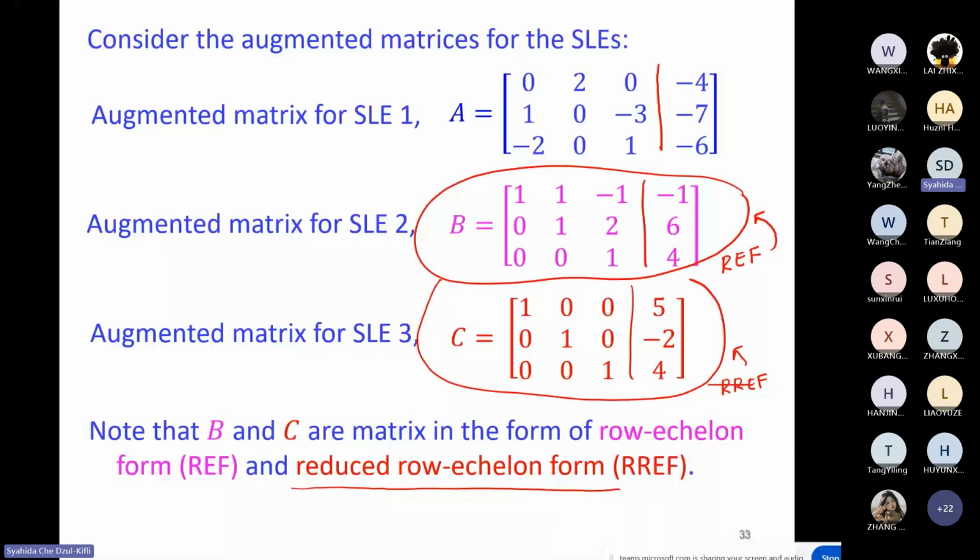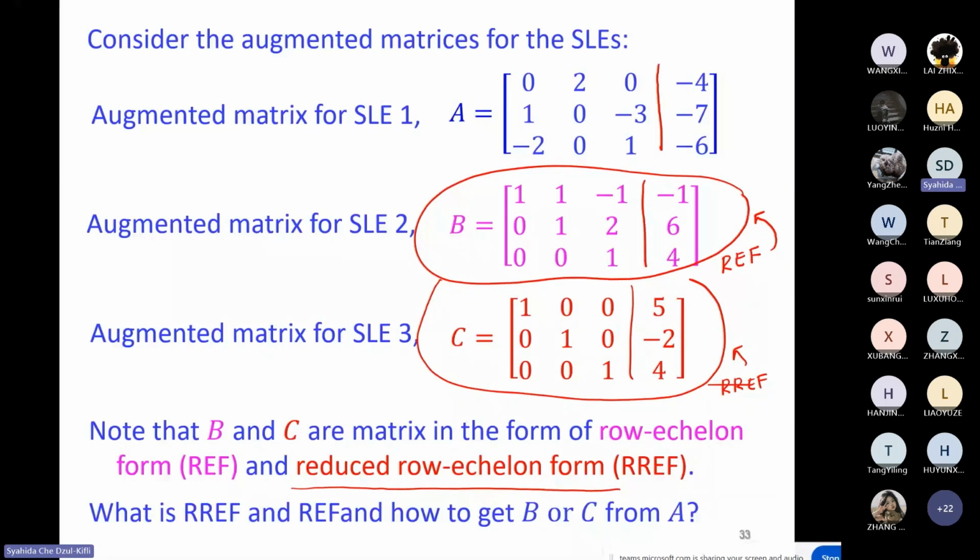Okay, is that clear? Whenever the augmented matrices are in REF or RREF, then the systems of linear equations can be solved easily. Okay, so that's the idea.